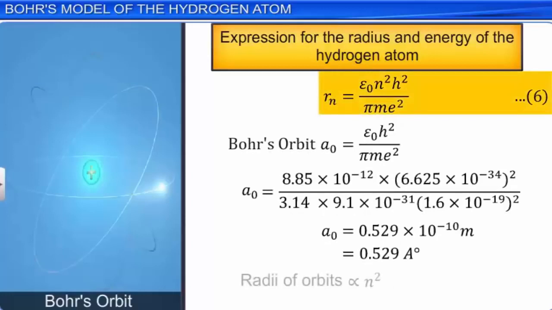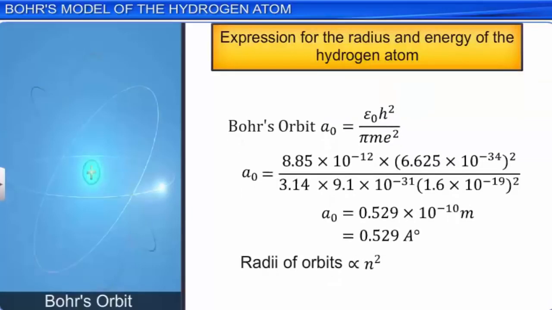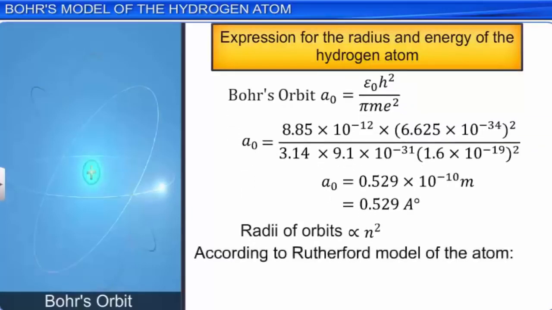According to Rutherford's model of the atom, the energy En of an electron for a particular orbit of radius r_n is equal to minus e square by 8 pi epsilon naught r_n, where n is the principal quantum number. Let this be equation 7.